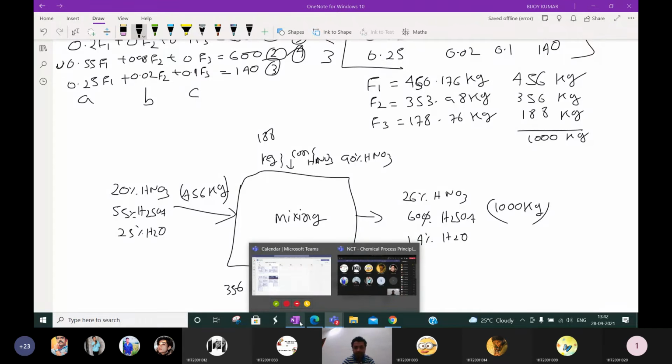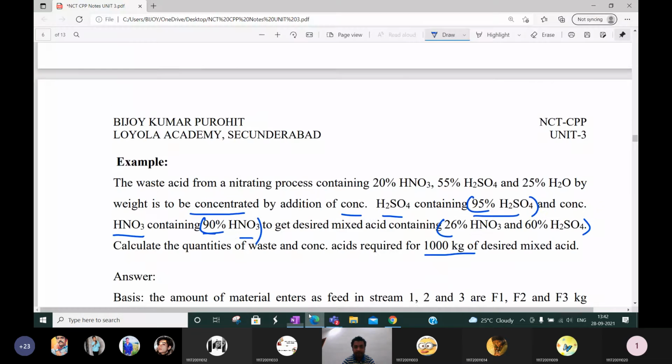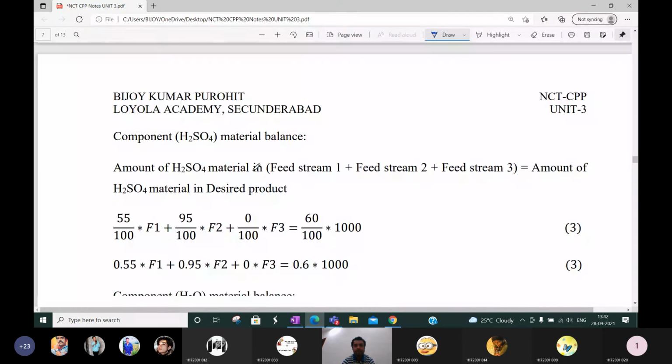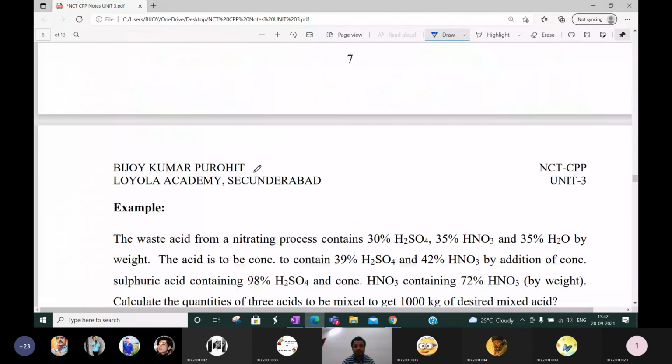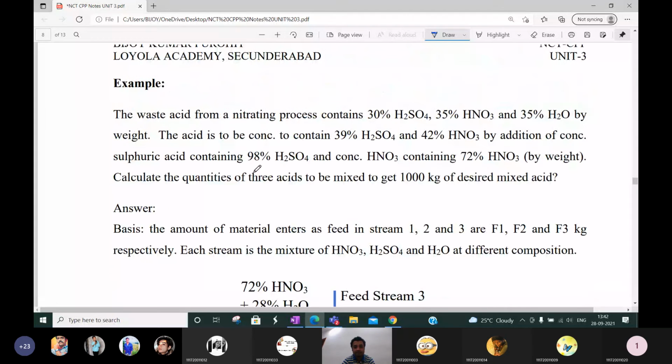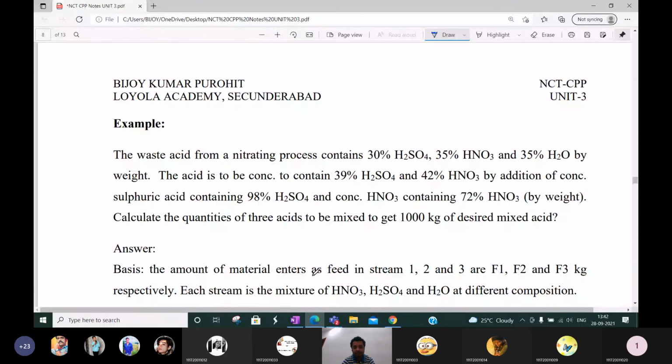Okay, next problem, please. The next problem is a similar type of example, similar to whatever we discussed now, so try to read it. The waste acid from a nitrating process contains 30% H2SO4, 35% HNO3 and 35% H2O by weight.